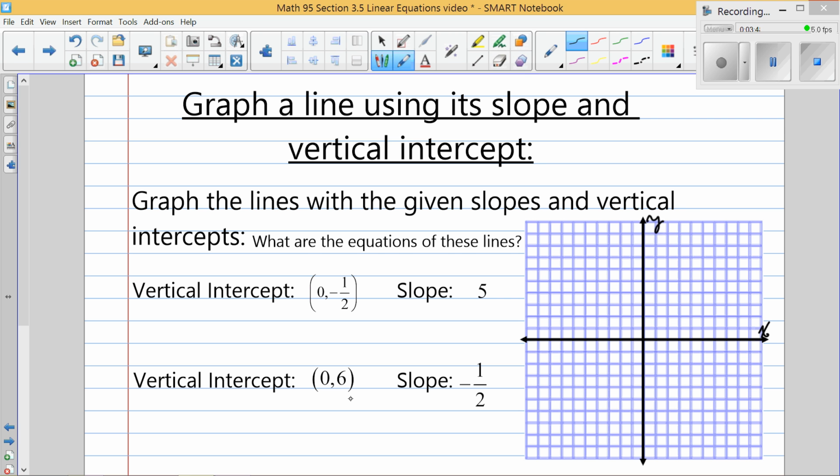I'm seeing a vertical intercept of 6 and a vertical intercept of negative 1/2. If I count my grids out, 1, 2, 3, 4, 5, 6, 7, 8, 9, 10, if I would like to fit my 6 on there, I should probably let these go by 1s. So I will do that. I'm going to label my axes with a scale.